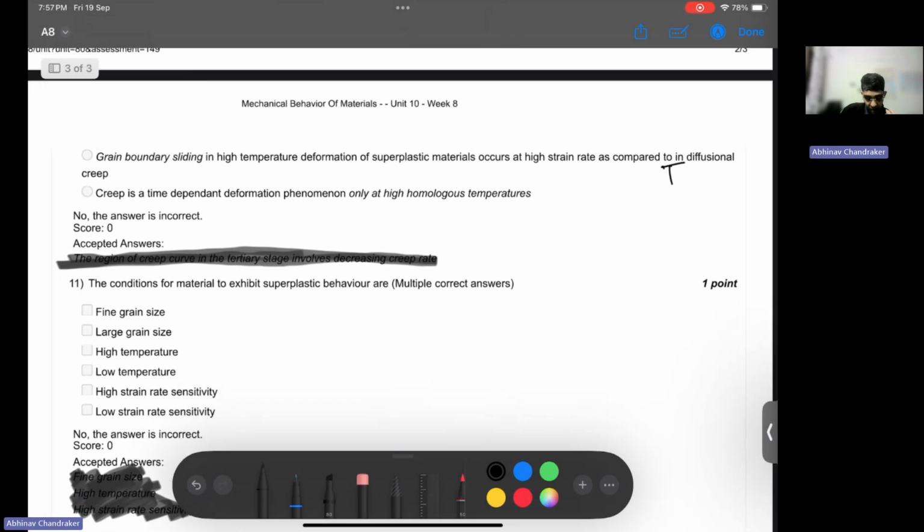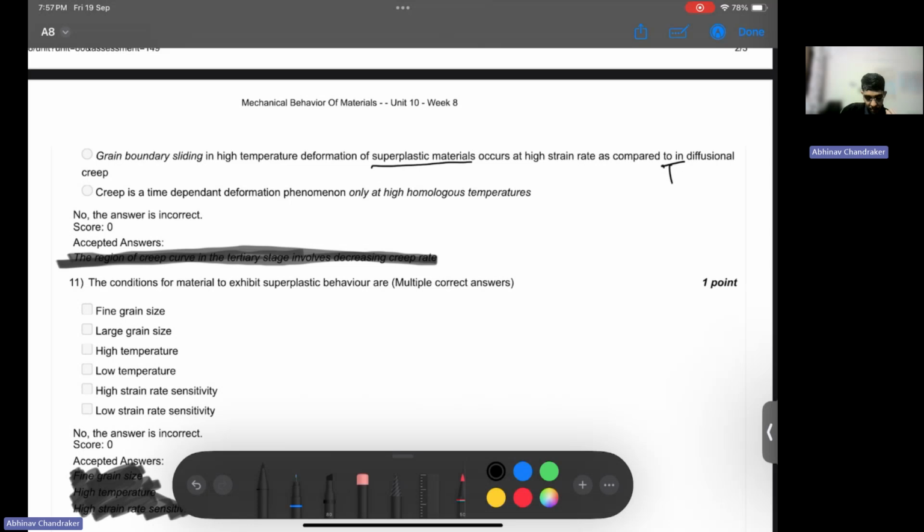Creep is a time dependent deformation phenomenon only at high homologous temperature. So sir had clarified initially that it is usually more dominant at high temperatures, but even at low temperatures it occurs. High and low are very subjective. But here we have high homologous temperatures, that means high value of temperature with respect to melting point.